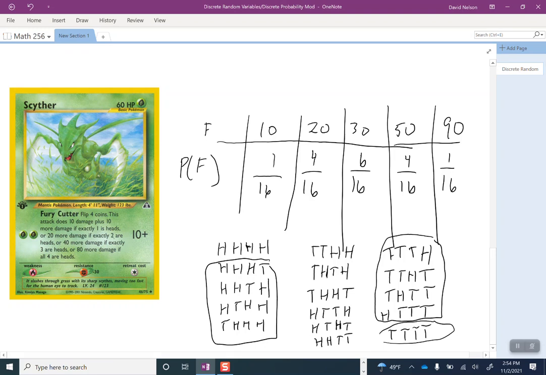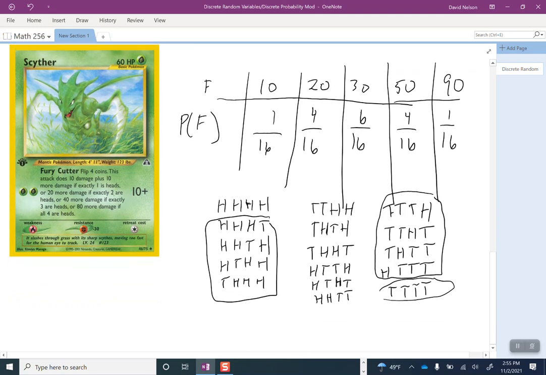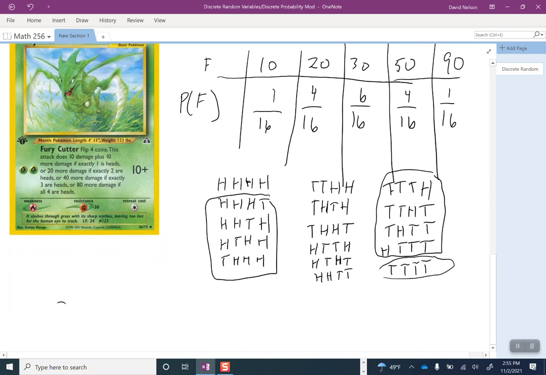So there's a nice discrete probability model, nice random variable where you got different numbers that can come up, the amount of damage your attack does, and then we got a probability associated with each one of those. So there's that. And we can also compute the mean of that probability distribution. We could look at our expected value for f.